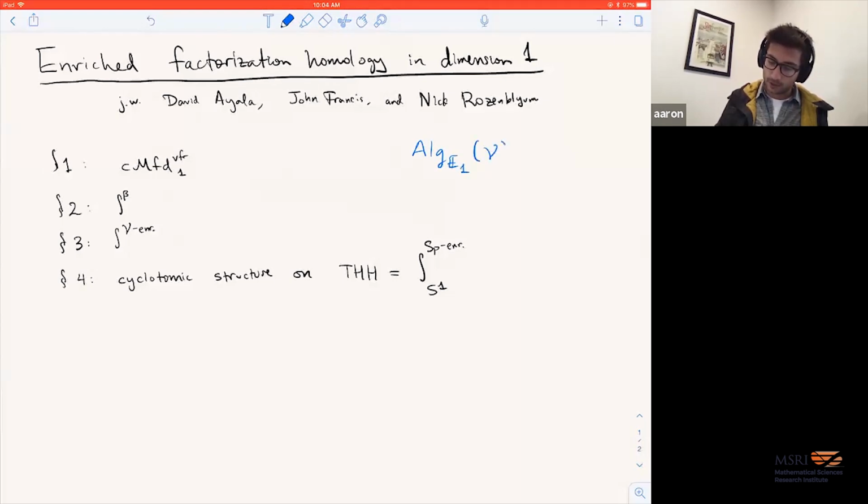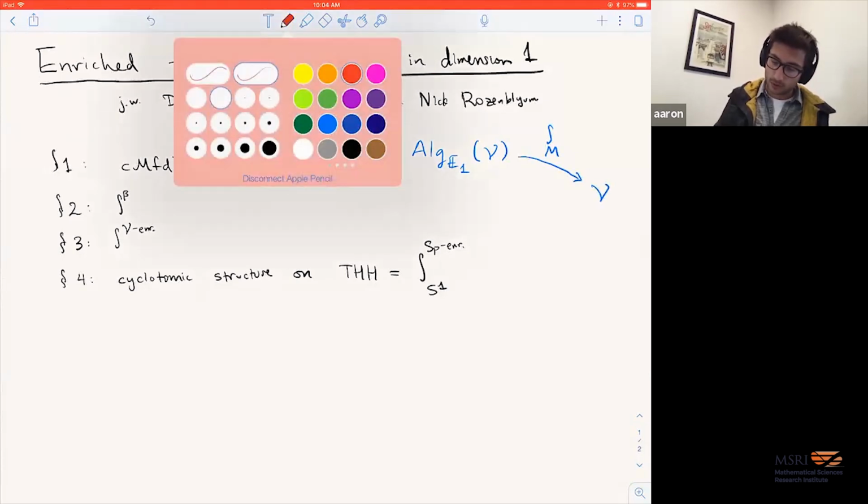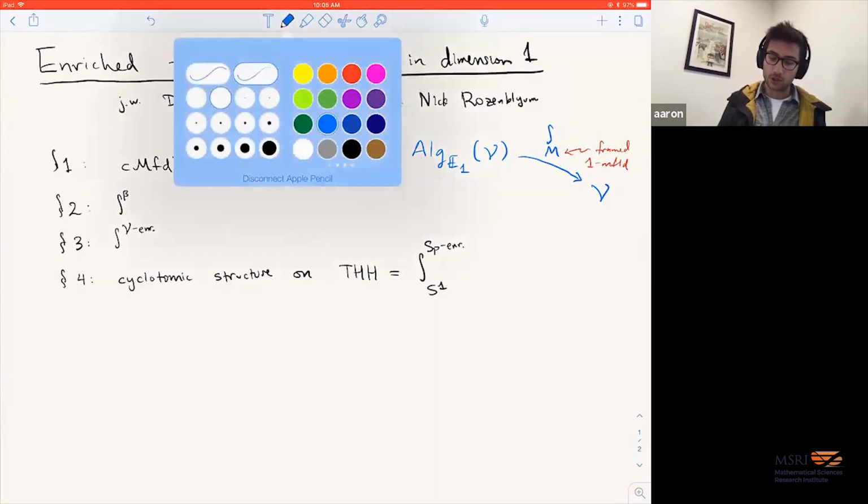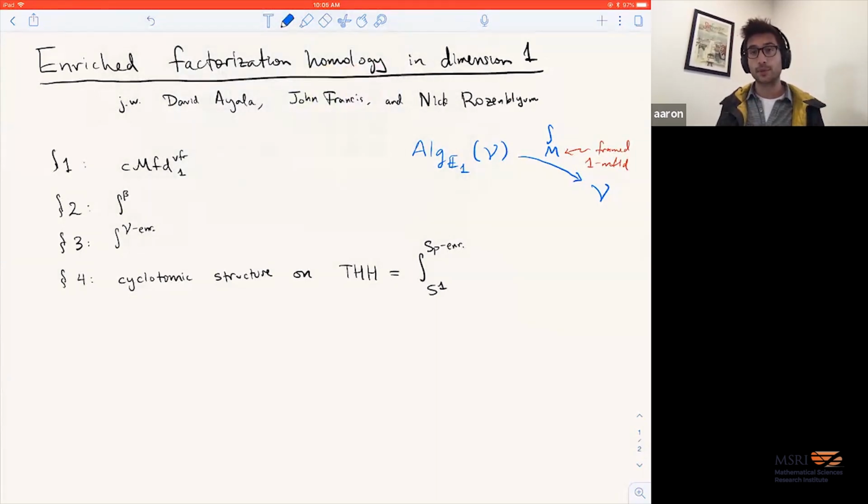The way that works is that if I have an E1 algebra, I can take its factorization homology over some framed one manifold, and I get some object of V. So you can imagine that V is like chain complexes or spectra, something like that.